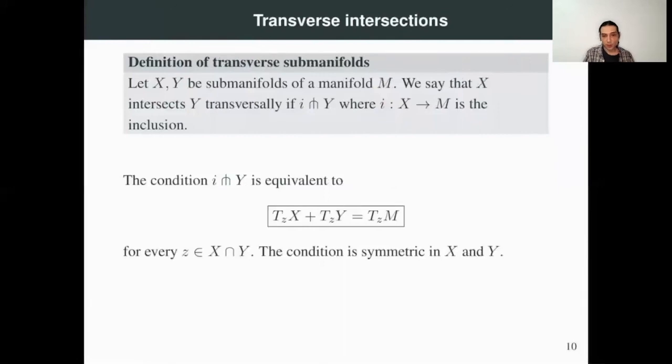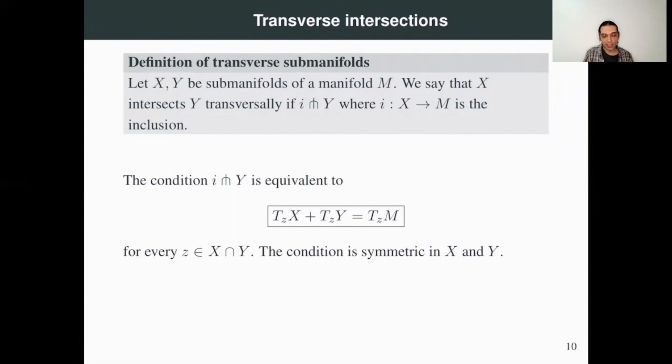Indeed, we can use the definition we gave of transversality between a map and a submanifold to define when two submanifolds are transversal. We consider X and Y submanifolds of a manifold M, and we say that X intersects Y transversally if this inclusion map from X to M is transversal to Y. Theoretically, this notion is not symmetric.